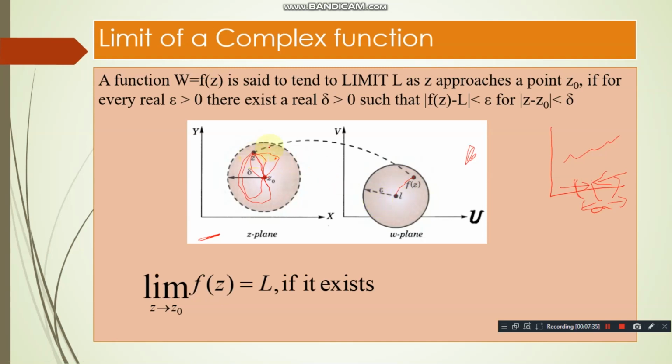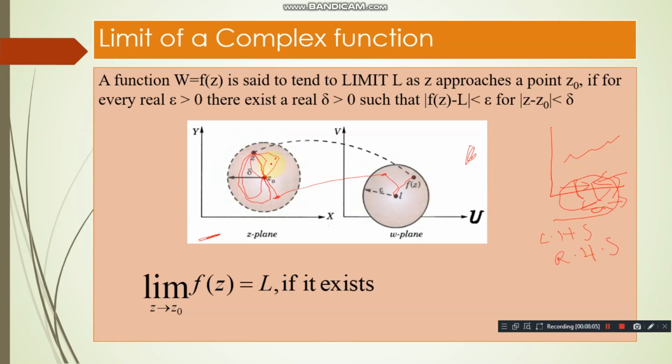Suppose I take z here, then the corresponding f of z is somewhere else, like this. As z approaches z0, this point approaches the L value. For real functions there are only two approaches, the left hand side and the right hand side.